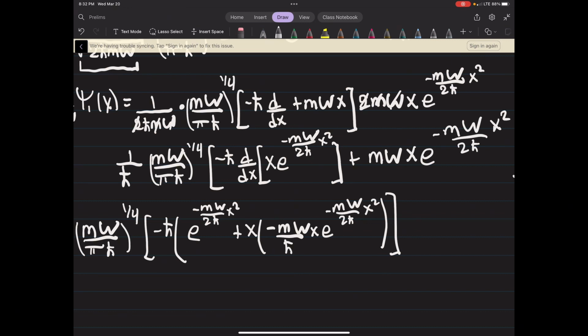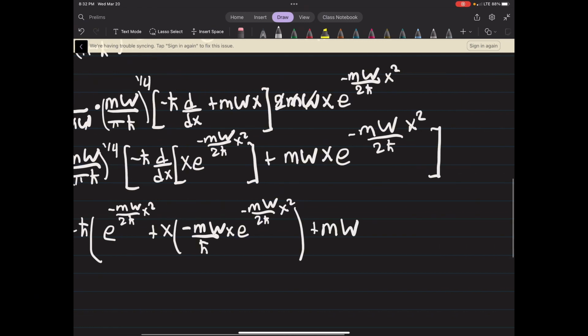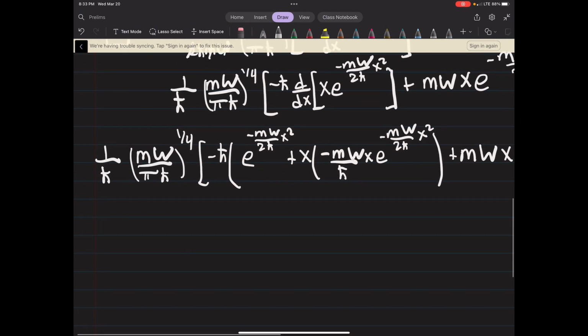Okay. Actually, we don't want to close that off yet because we still have this term. So that's fine. And then plus m omega x e to the minus m omega divided by 2 h bar x squared. Okay. So let's see. We can factor out a couple terms here.